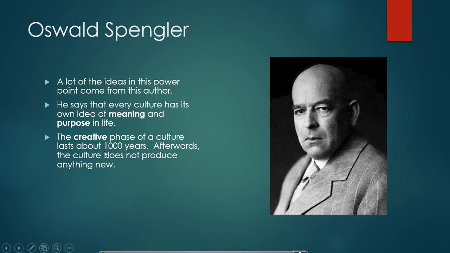And the idea of the book is that he found a pattern in history where each culture goes through similar steps in the development of their idea, and it takes about 1,000 years. And there's a lot more that can be said about that, but I'm just going to move on.